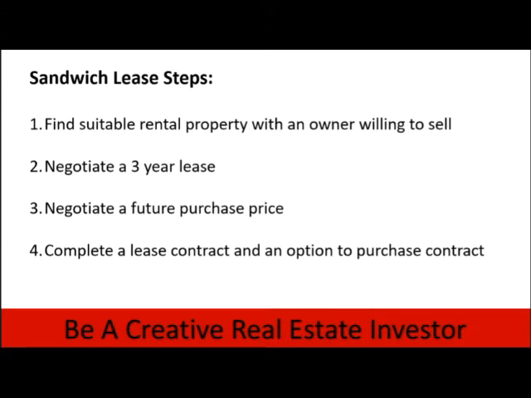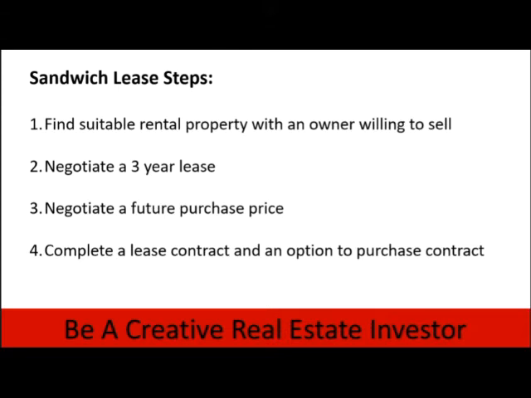You may also want to enter into a third contract, which is an actual purchase and sale contract with the same dates for the option, but the owner already signs it and you have an out written into that, so that's subject to a final inspection or subject to you still wanting to buy the property.